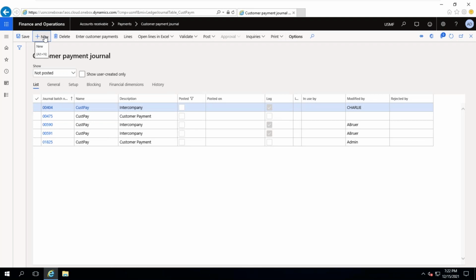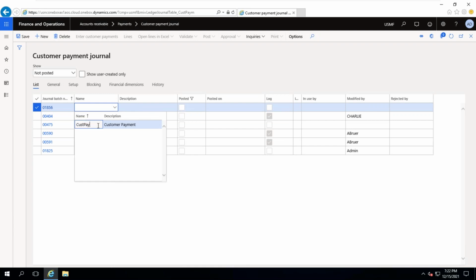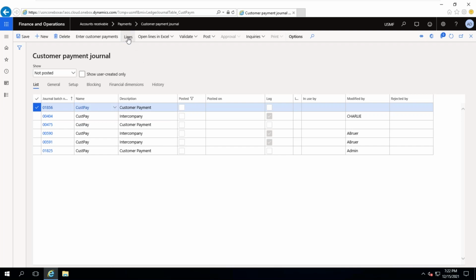Click on the new button, select the customer payment. Click on the lines button.